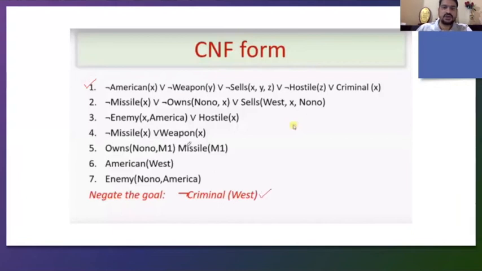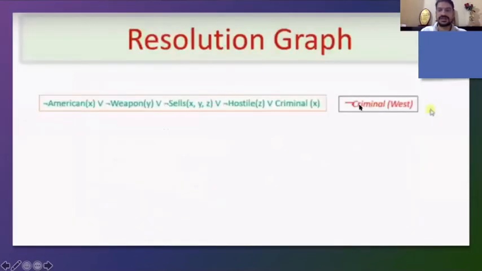So these two clauses, this is one clause and this is another clause, we'll take and start drawing the graph, that is your resolution graph. We start with the goal clause and the first sentence, and in both we'll apply the resolution.